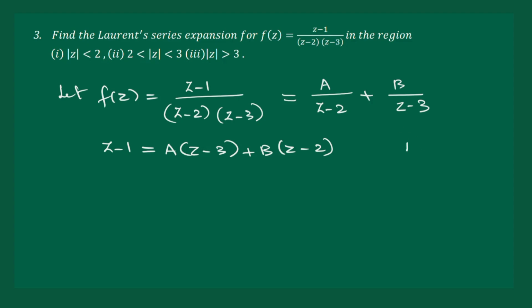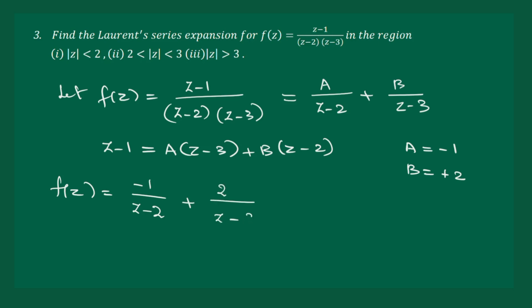We get a as minus 1 and b as 2. So the given function f of z can be written as minus 1 by z minus 2 plus 2 divided by z minus 3.